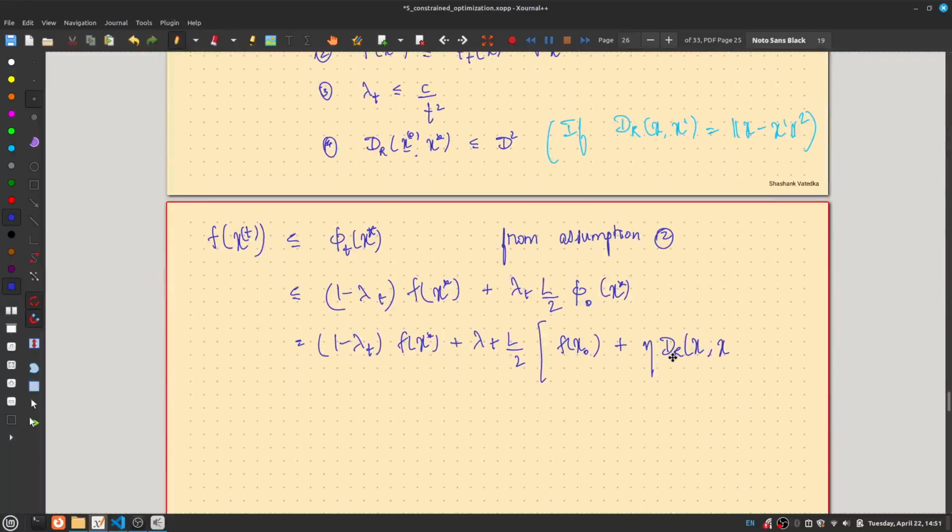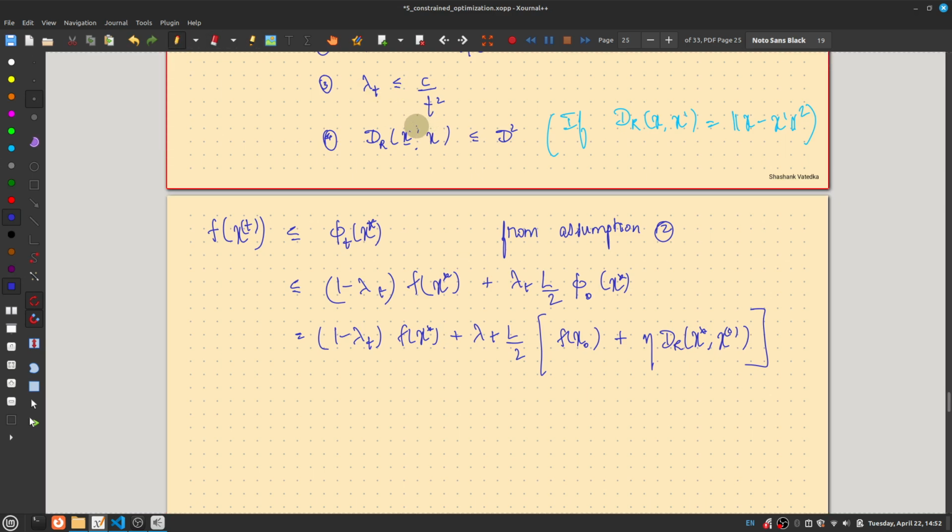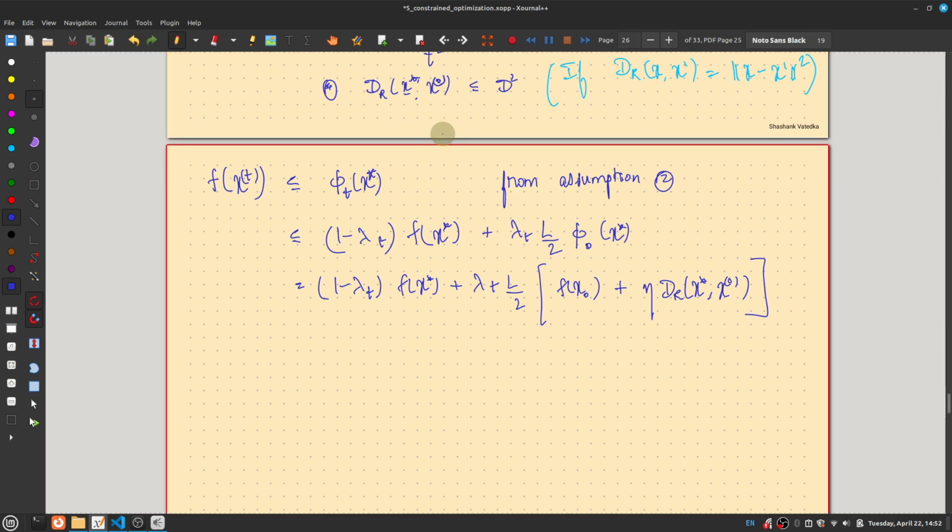So that's dr of x star x naught. Let me change this. Okay, so this is 1 minus lambda t.